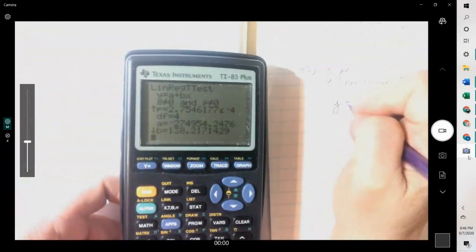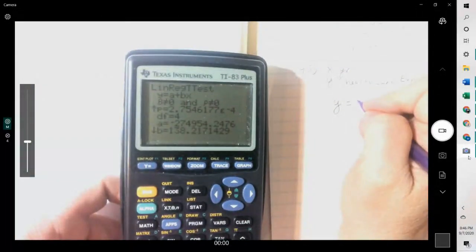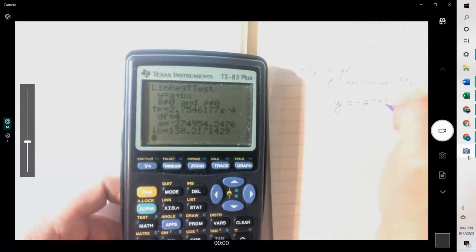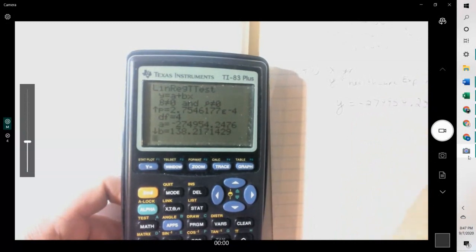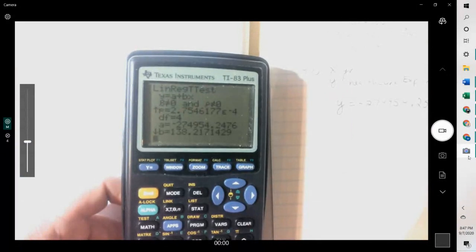So y equals A, which is negative 274,954, I'm going to go 2 decimal places since we're talking about money, plus 138.22x.